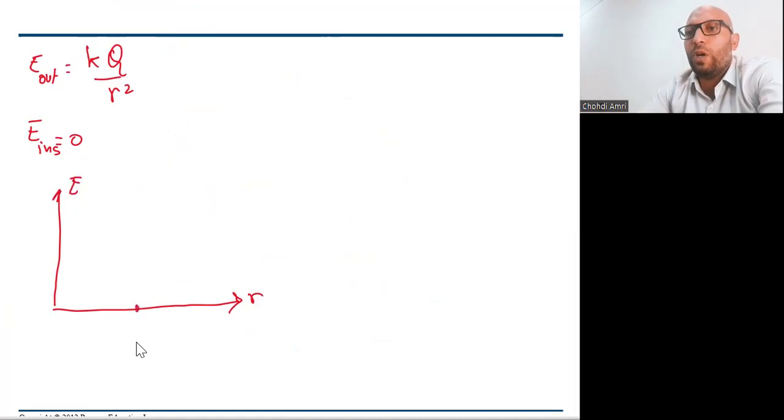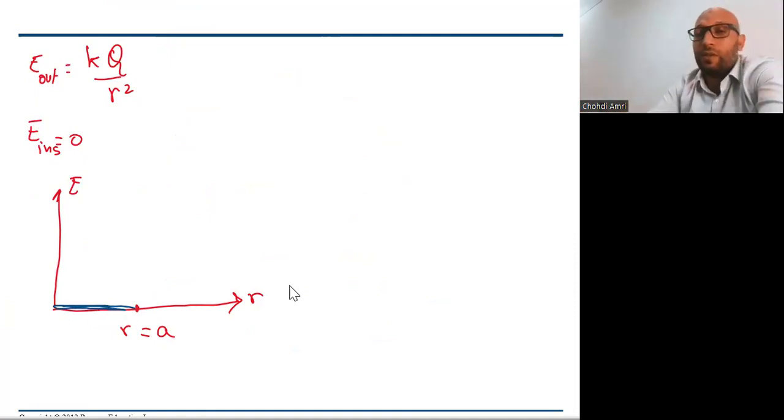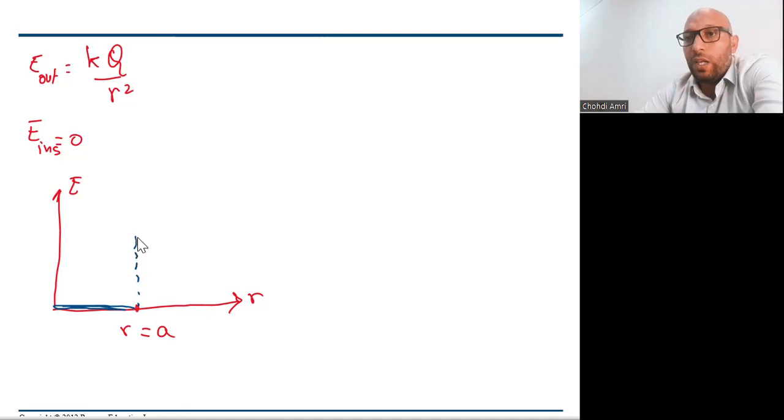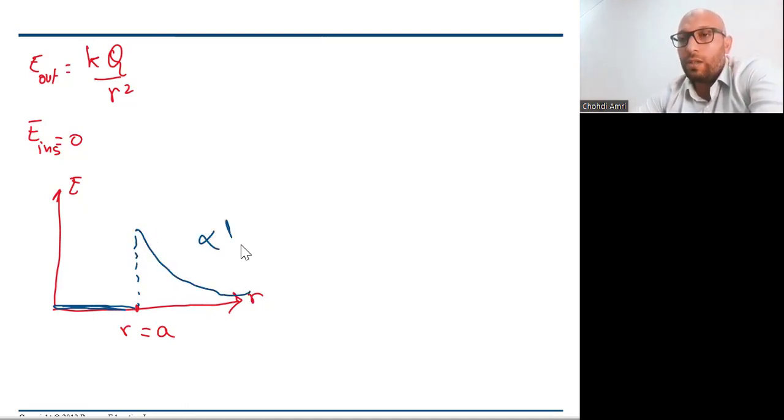We have a specific point when r equals the radius of the charged shell. Inside, it's always 0 because the charge is only on the surface of the sphere. Outside, it varies as a function of 1 over r squared. And this is E equal 0.